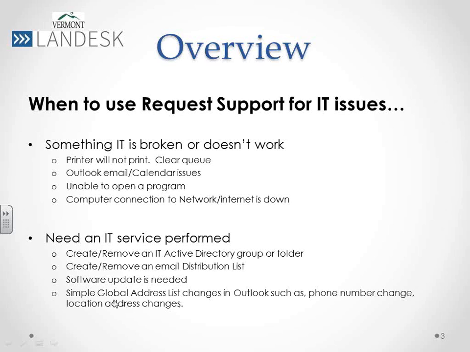And also simple global address list changes, you can use request support, like here where I said your phone number is wrong in the GAL or your address is wrong in the GAL. Then if you put in a support ticket, it will be worked on and taken care of for you. So those are the basic functions of request support. Sometimes there are other types of things that you might request in this area that I'm not drilling down specifically on.